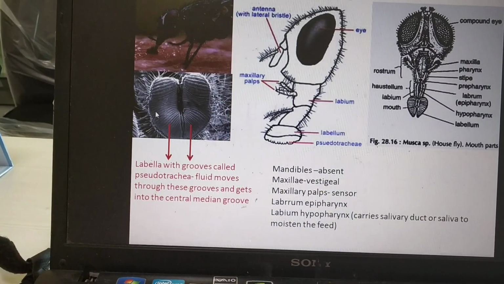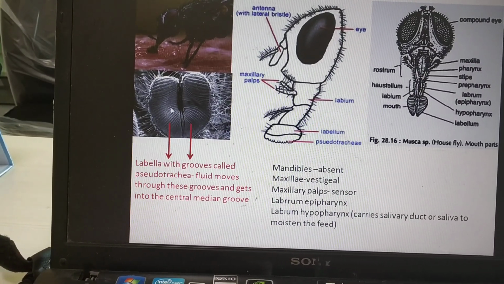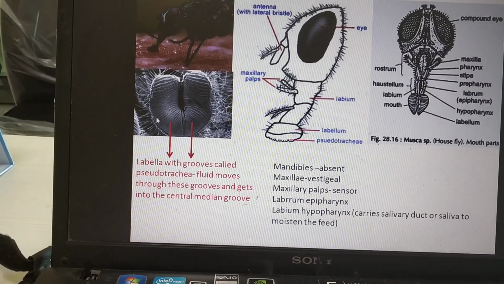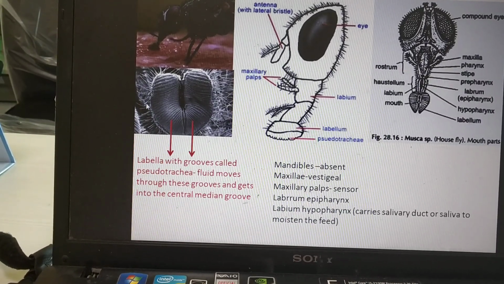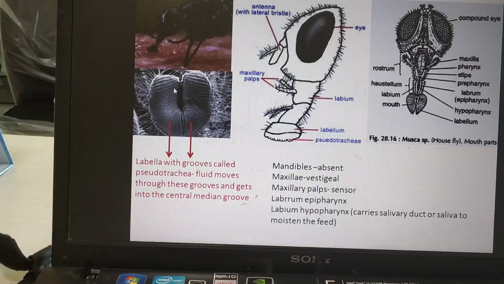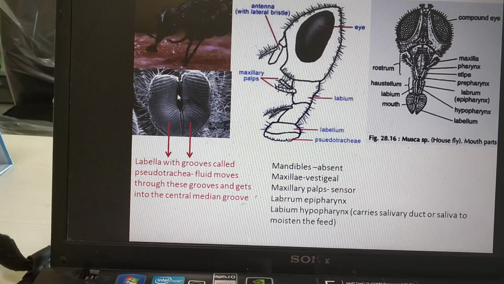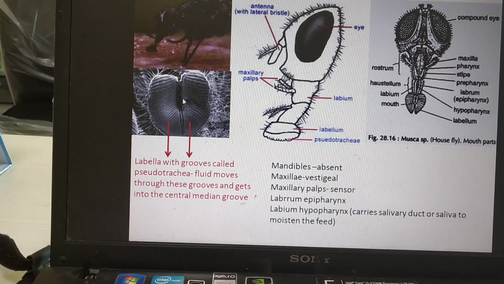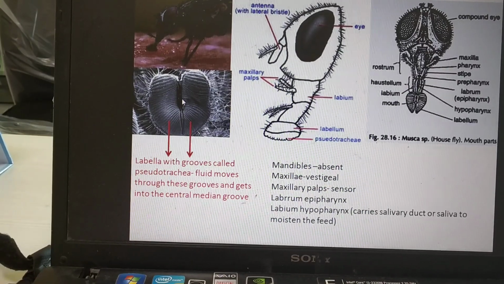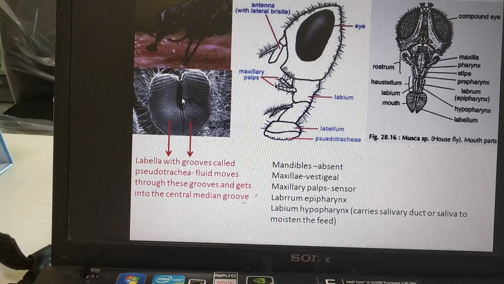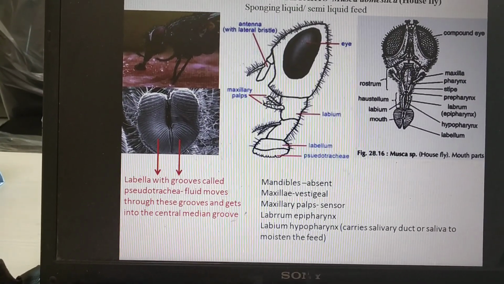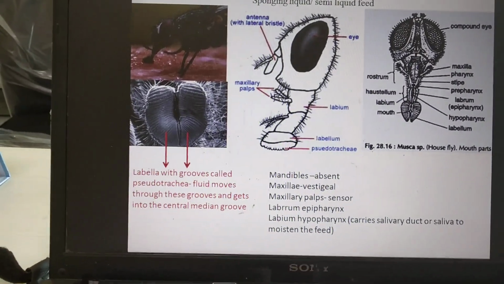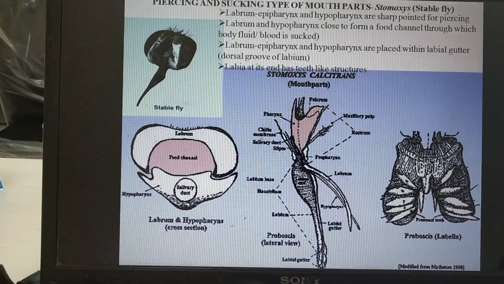The labella is placed on the food, and the liquid material is collected by capillary action. It flows through these grooves into the central groove, and then by capillary action it is drawn in. This is called the sponging type of mouth parts, which you will find in Musca.